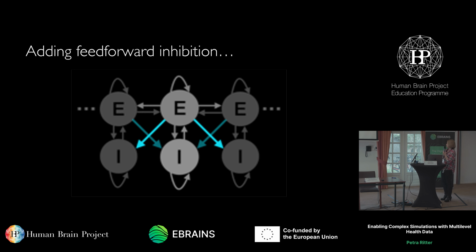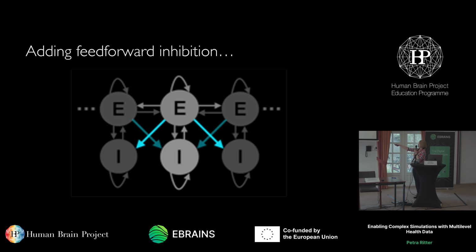So we've now added some connections in our brain network model. And this is a novel aspect. This has not been done before. So what you see here, each column is representing one node in the brain. And each node consists of an excitatory and an inhibitory population, and they are coupled through this long-range excitatory activity, which is provided by the structural connectome.